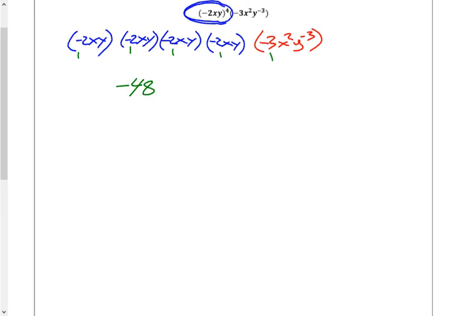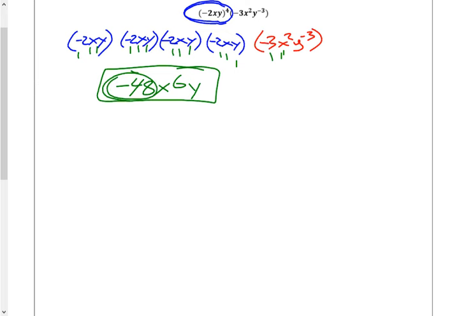And now my x's, we add exponents. So 1, 2, 3, 4, 5, 6. 1, 2, 3, 4 minus 3 is to the first. There we go. I don't need to worry about negative exponents. Even though this number is negative, that doesn't matter. It's negative exponents that I would have to move to the reciprocal.